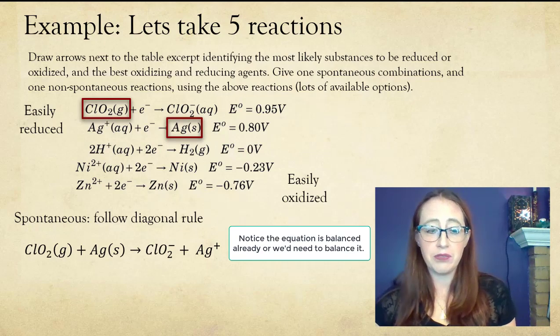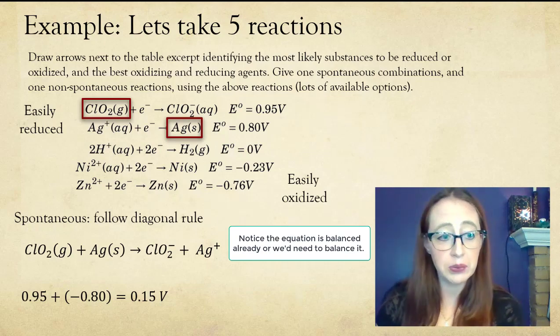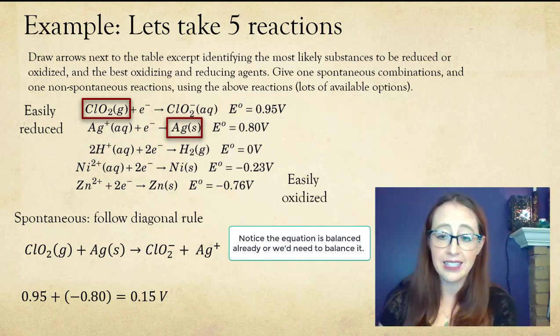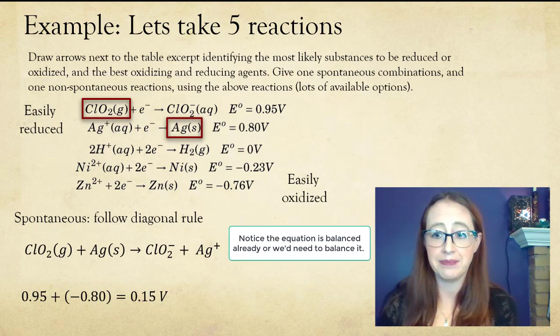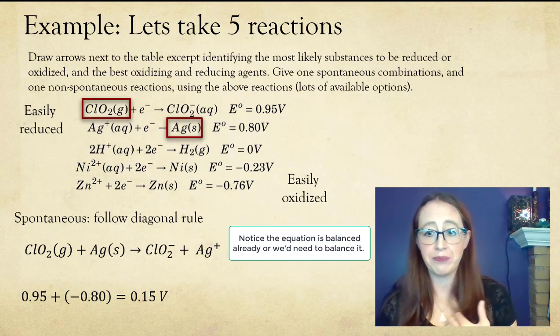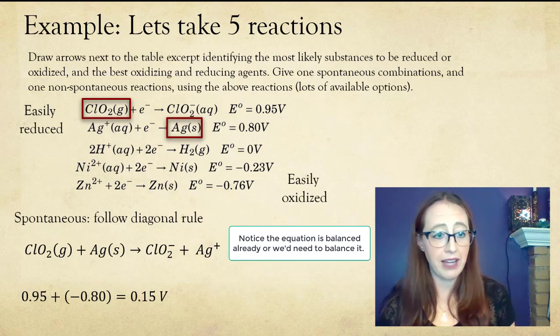So for the silver reaction, we'll reverse that equation. From here, we can do our voltages. I choose to do it the way where you change the sign and then add it up. As always, choose the way that works best for you. So I added the 0.95 with a 0.8 to give me 0.15.